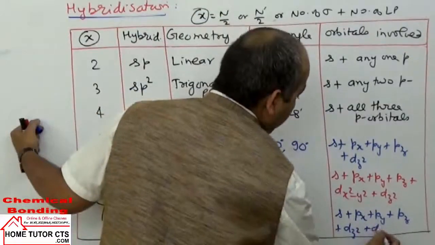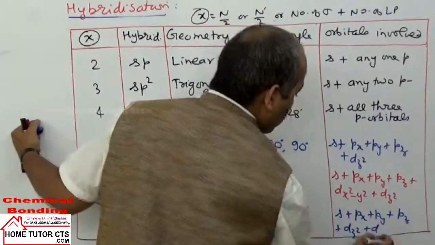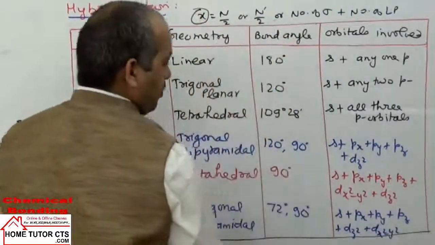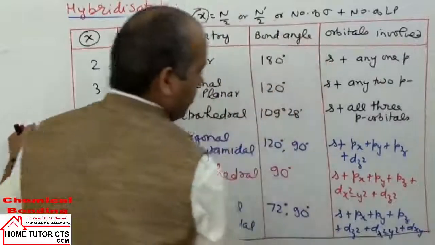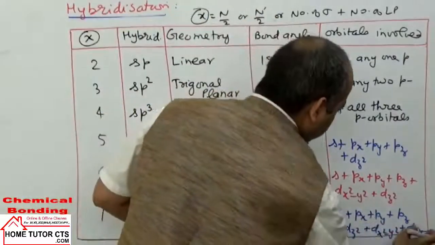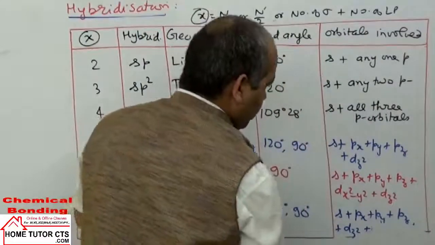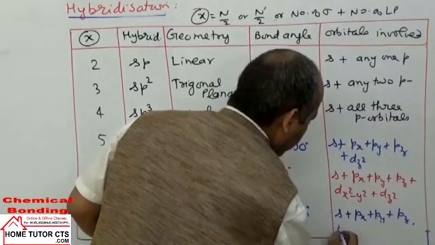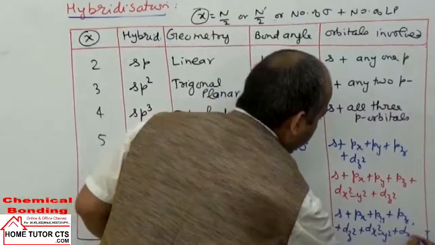plus dx square minus y square plus dxy. They involve 3d orbitals: dz square plus dx square minus y square plus dxy.